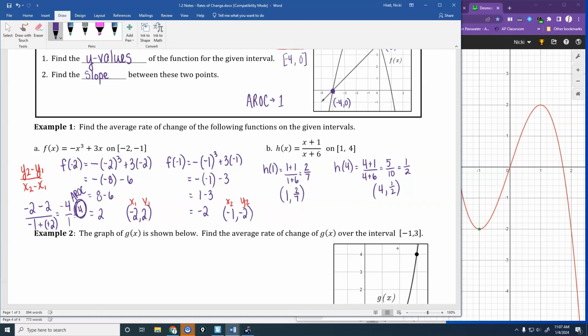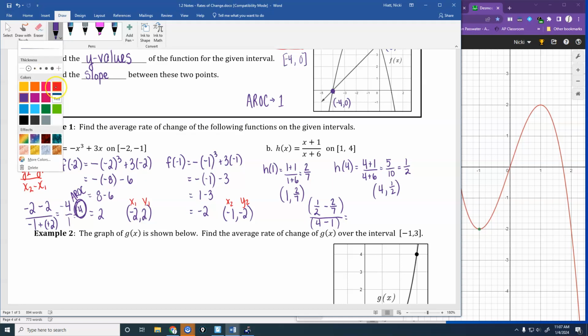So if I want to do the slope, I will do 1/2 minus 2/7 divided by 4 minus 1. I might want to put some parentheses here so I don't get things mixed up. Now I can't do 1/2 minus 2/7 because I don't have common denominators, right? What should I use as a common denominator there? 14.